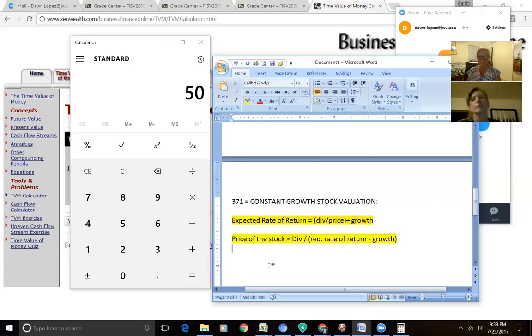But if a question was asking about the expected rate of return, it depends on what it's asking you to solve for. What I want to point out is that there is more than one way to write the formula, and the textbook even shows that to you. It just rearranges it so you can put all the variables into the equation in a way that makes the math a little less intimidating and overwhelming to solve. Does that make sense?